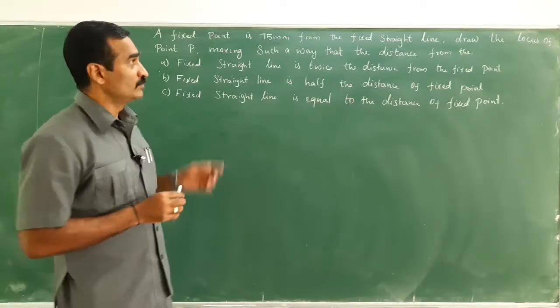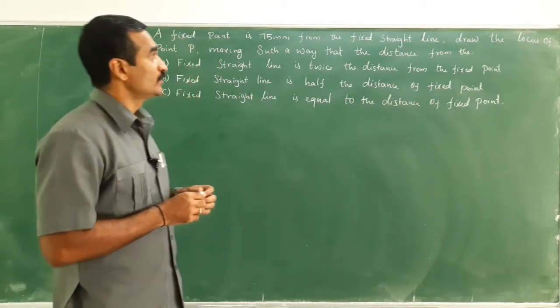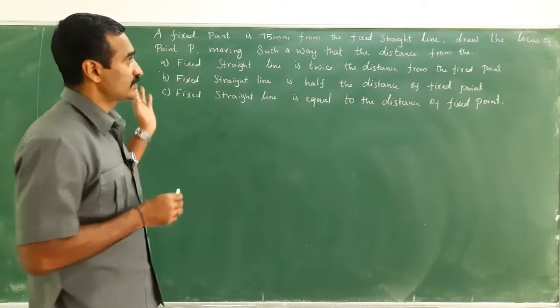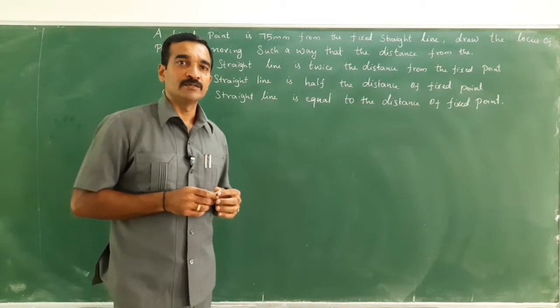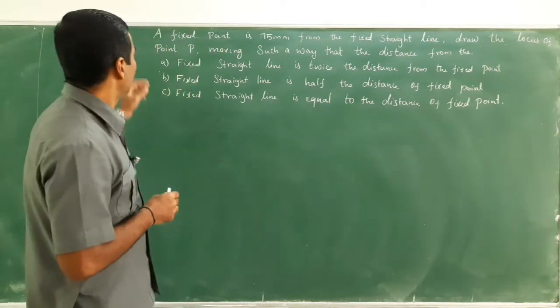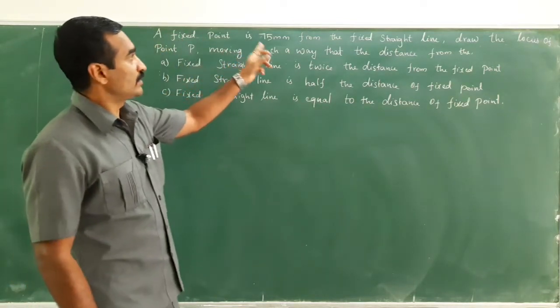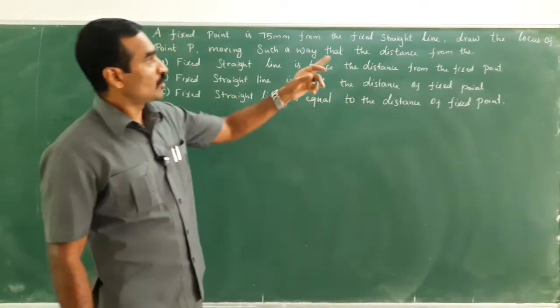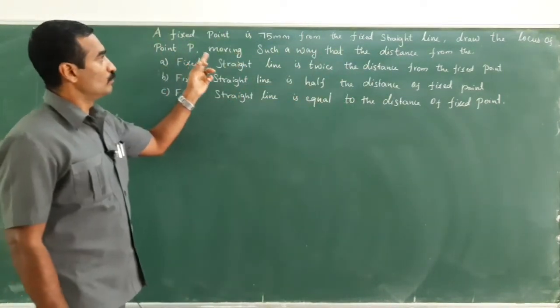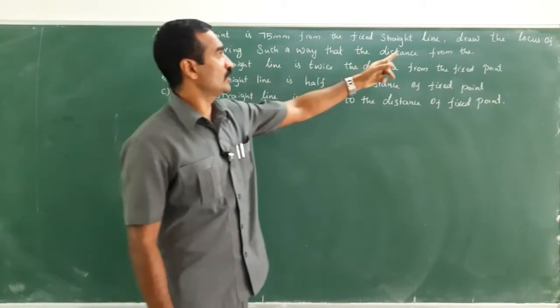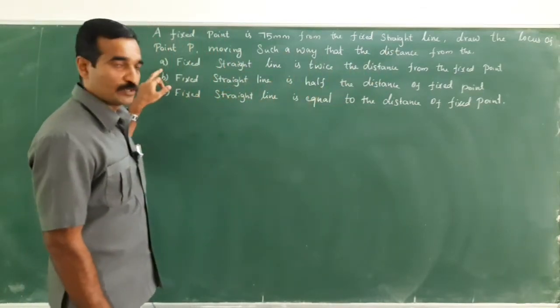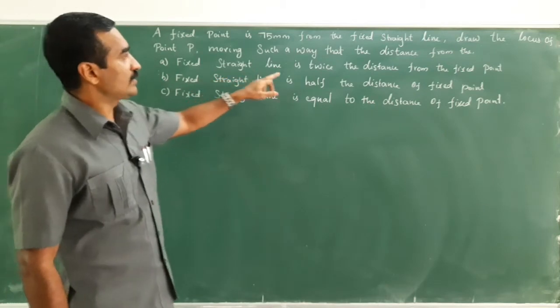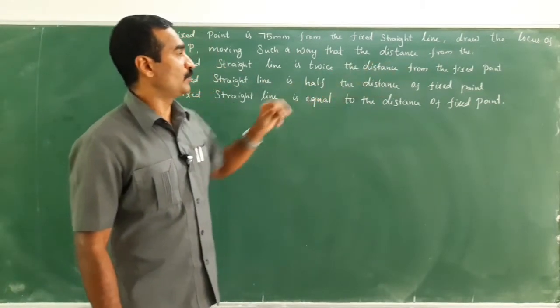Another problem from conic section with a twisted question, that is not a direct question from conic section. A fixed point is 75 mm from the fixed straight line. Draw the locus of point P moving in such a way that the distance from the fixed straight line, sub question 1, is twice the distance from the fixed point.